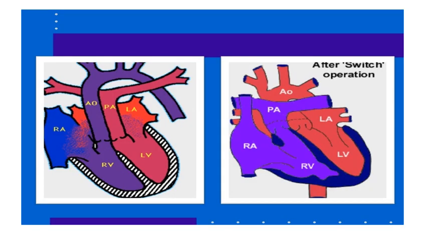Switch operation is a type of operation in which the pulmonary artery and aorta are switched between the right ventricle and left ventricle.